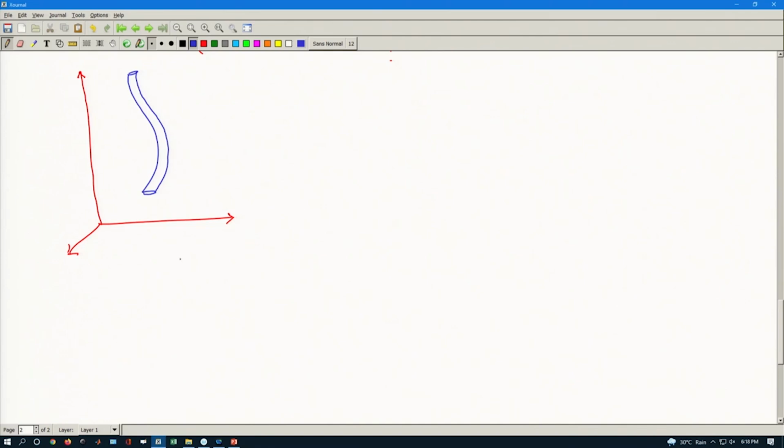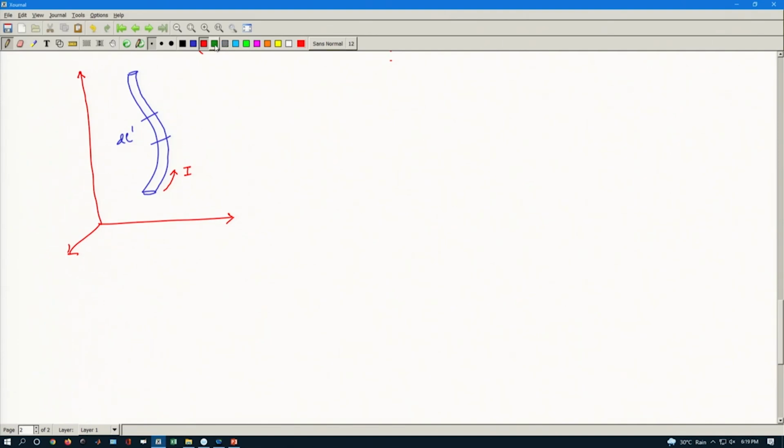Suppose this is a piece of wire, and from here to here this length is say dl prime, and a steady current is flowing, say I. If a current is flowing through a wire, we know that around the wire some magnetic field is produced.